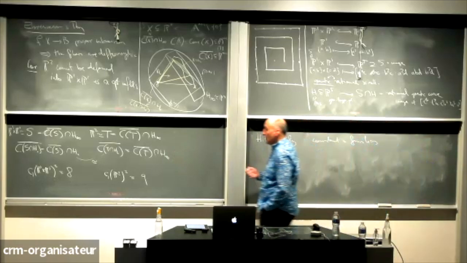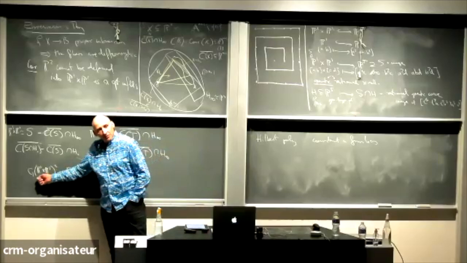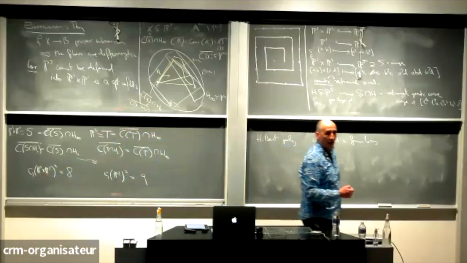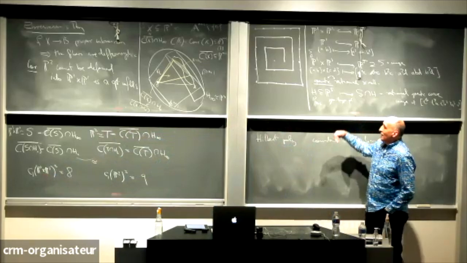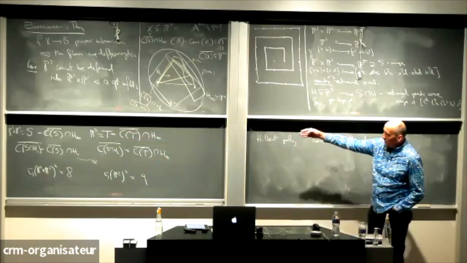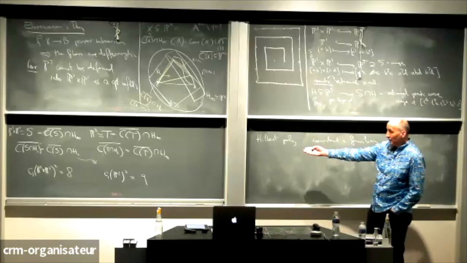And this number, the square of the Chern class, is a coefficient of the Hilbert polynomial. So if I have a family, then the Hilbert polynomial should be constant. But those two guys, their Hilbert polynomial is different.